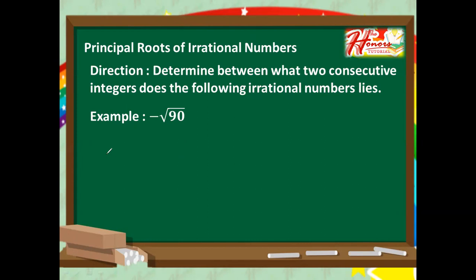So same process, let's start with 8. So we have here 8 squared, so that's 64. 9 squared, that's 81. 10 squared, that's 100. Let's solve. We're going to get this part.